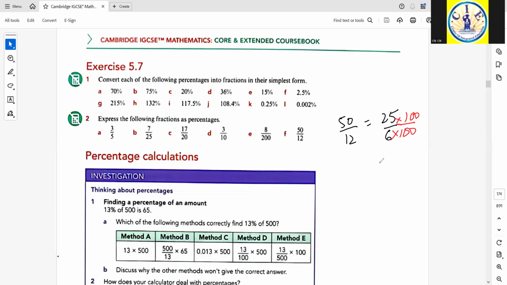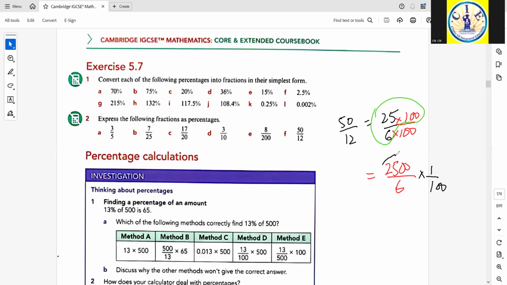So we can do it like this: 2500 divided by 6. What we have done? We have made this as one part, which is a separate part from 100, and what I need to have in the separate form, that is 1 by 100.